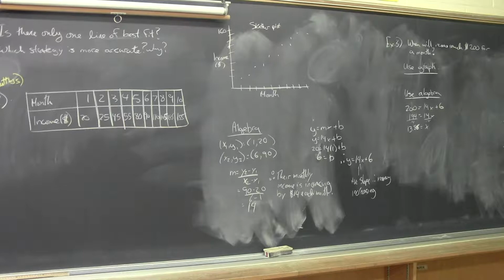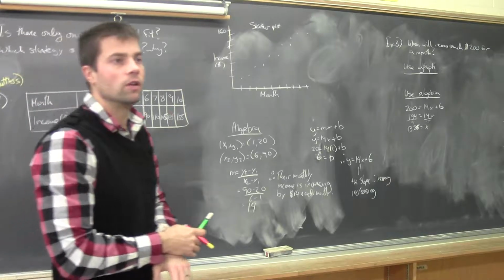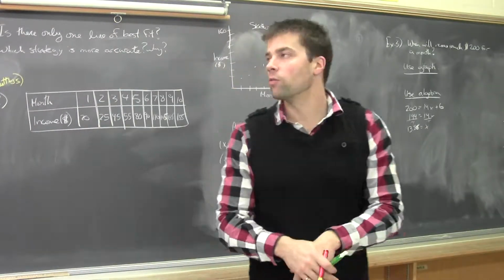You would kind of argue that the graph is more accurate. And the reason why is because you're actually considering all the points. When you draw this line, you're actually considering all the points. When you do algebra, you're actually just considering 2 points. So unless those 2 points are right in the middle, they're not necessarily directly representative of that line of best fit. So in that case, I would kind of argue that you're right.